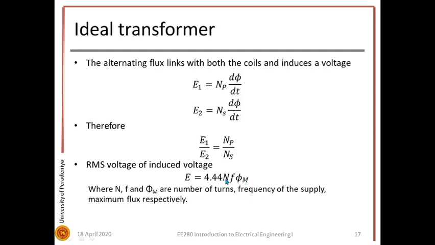Here N is the number of turns of the winding, f is the supply frequency, and phi m is the peak flux flowing through the core. So depending on the primary winding turns, you will have one voltage, and depending on the secondary winding turns, you will have a different voltage at the secondary terminal.